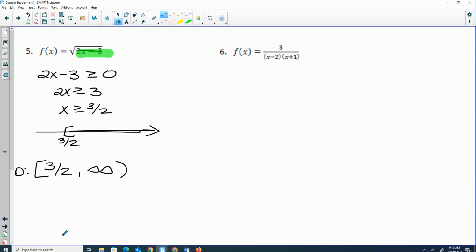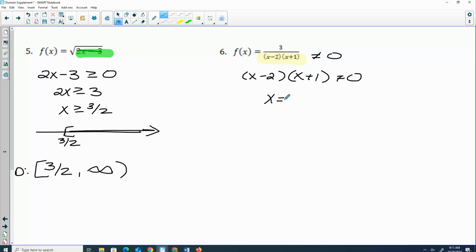All right. Next one, we have a fraction. We know in a fraction, the denominator can't be 0, right? If you're multiplying two things and you get 0, that means one of those things was 0.